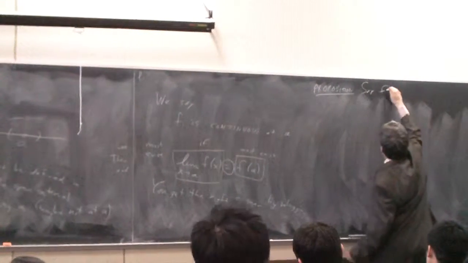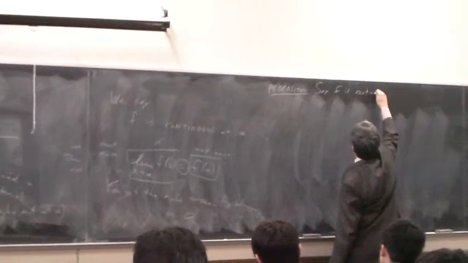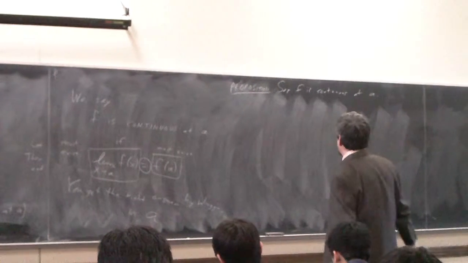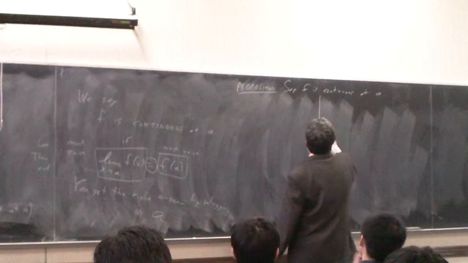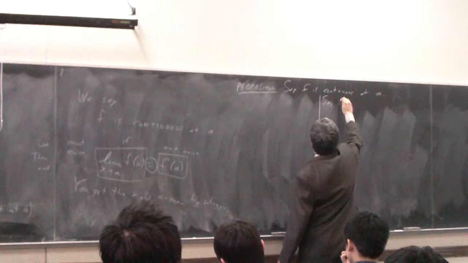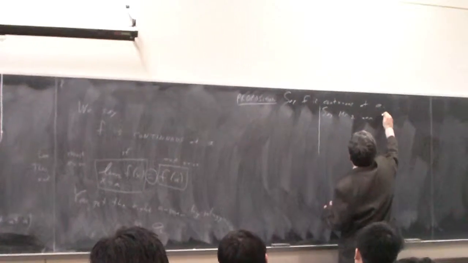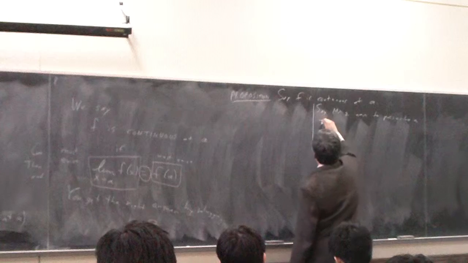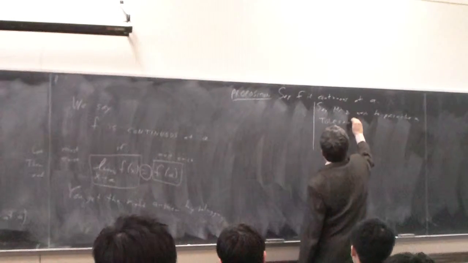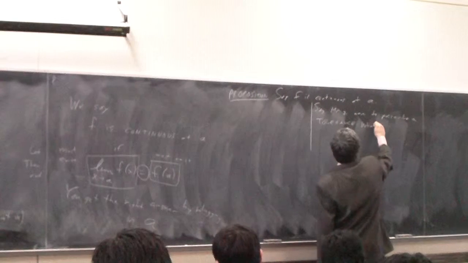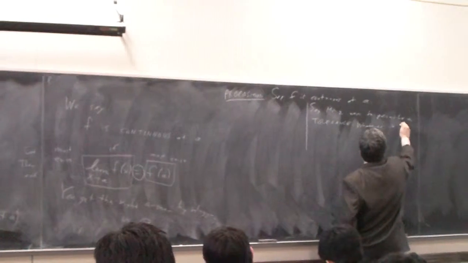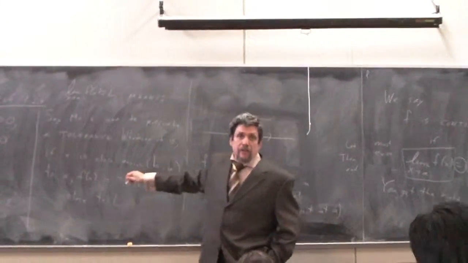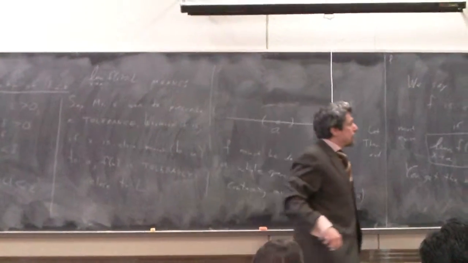Say f is continuous at a. Okay, now let's just take this. How can I modify this definition here of limit? If it's continuous, I can say a little more, right?